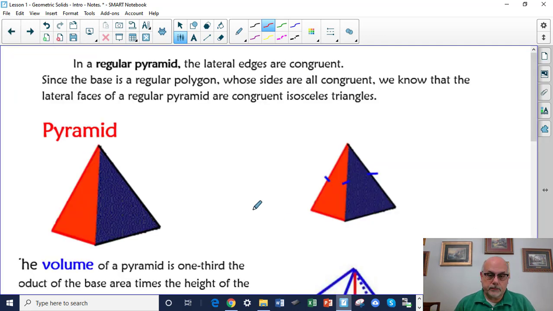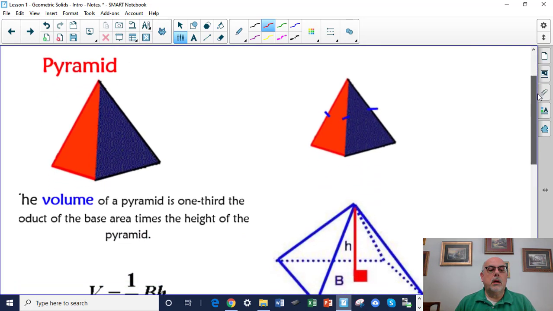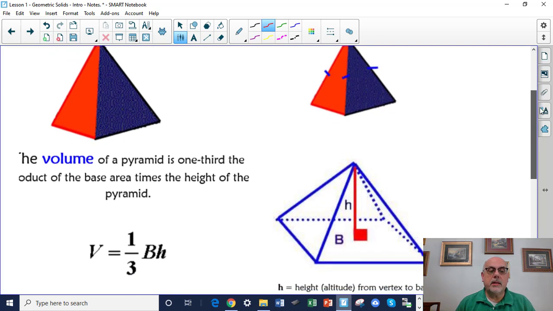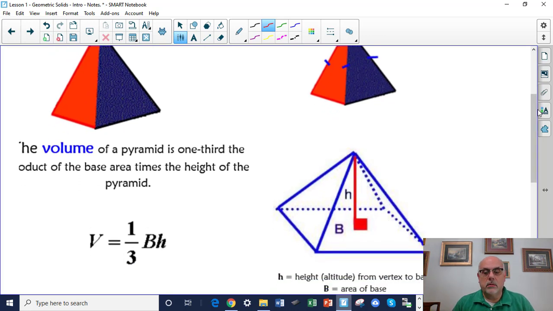Pyramid. You have congruent isosceles triangles making up the slants of the pyramid. Okay, the base is a square. The volume of a pyramid is 1/3 the product of the base times the height. So on a pyramid, the base is going to be a square.